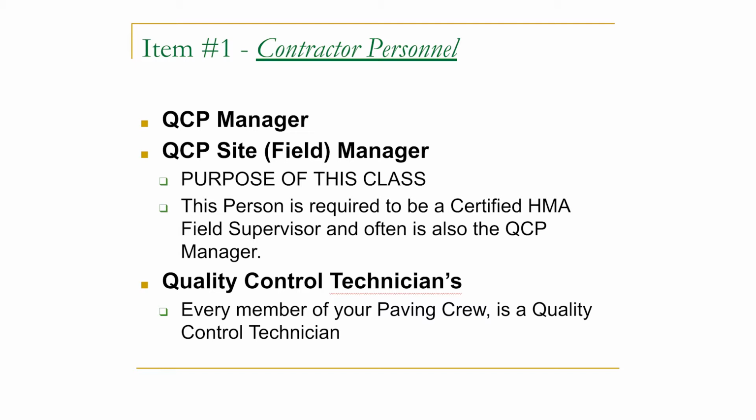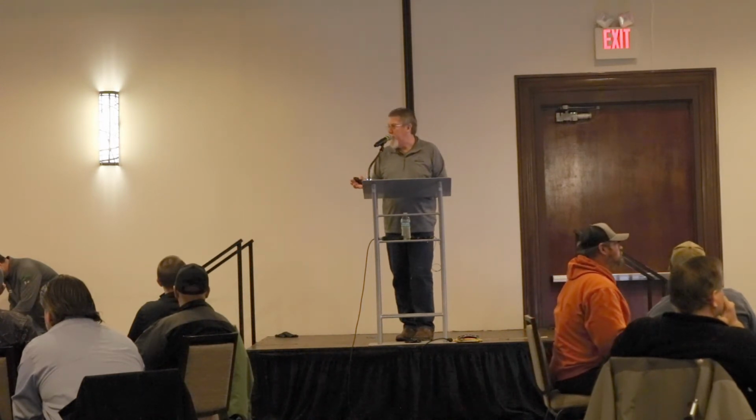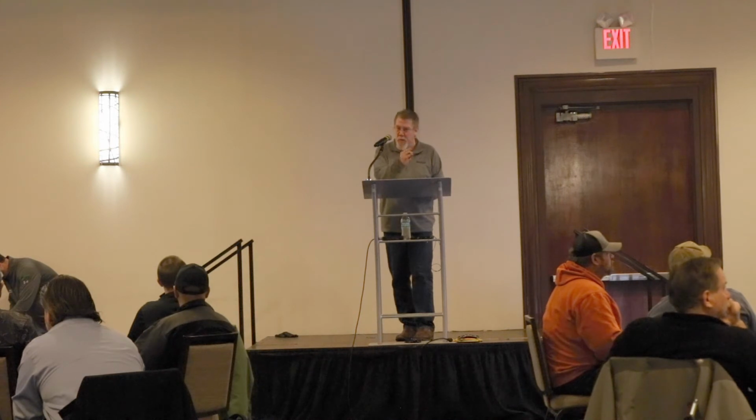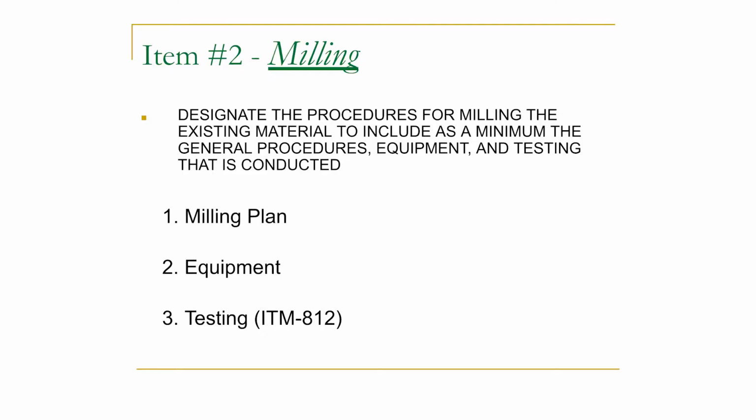Sometimes in your plans this could be the same person, whether it's a field person or the QCP manager. And then your quality control technicians. In this case, I look at the quality control technicians as everybody on the paving crew. So it's not just the quality control department. Everybody involved with paving operations is a quality control technician.